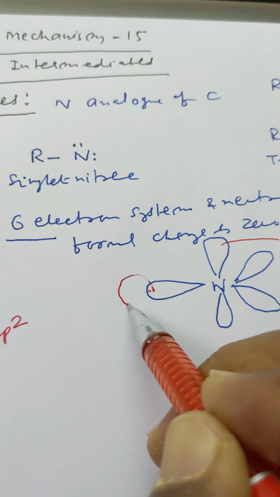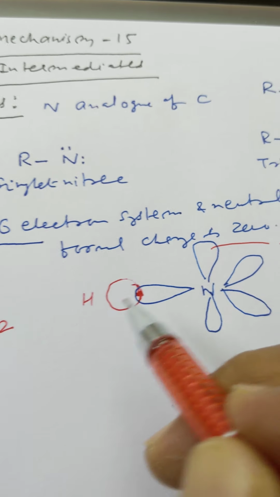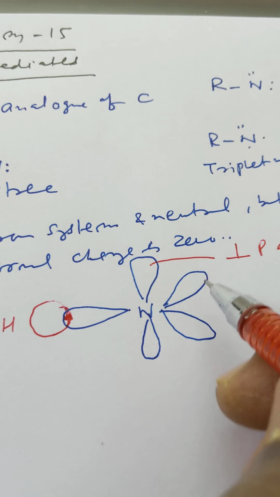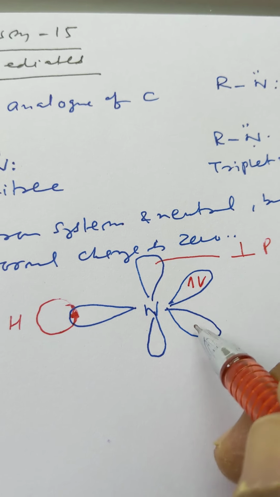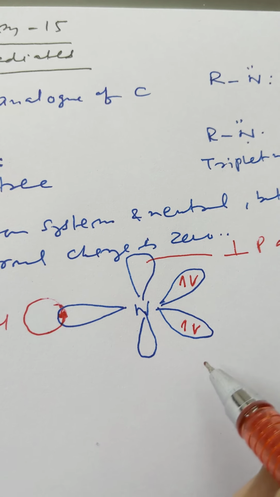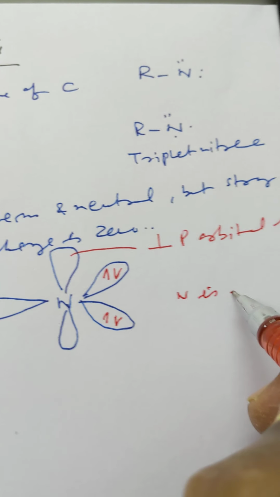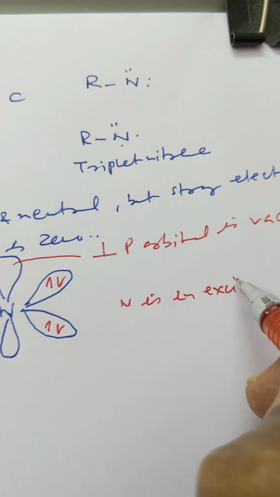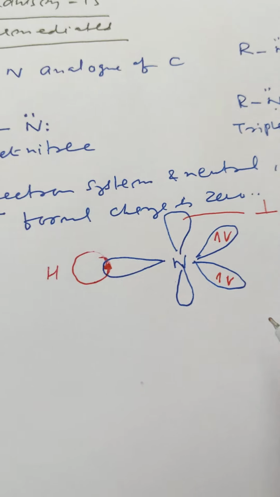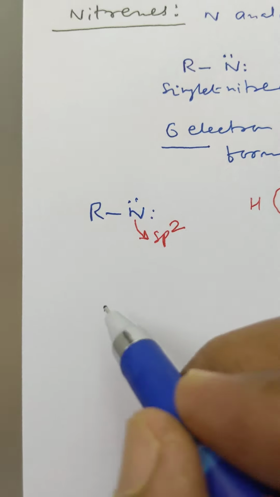See, it is forming a bond with H. Now the other 2 hybrid orbitals which are lying at an angle of 120 degrees have 2 paired electrons. And hence the singlet nitrene is in excited state. Now when we come to the structure of triplet nitrene, triplet nitrene is this.